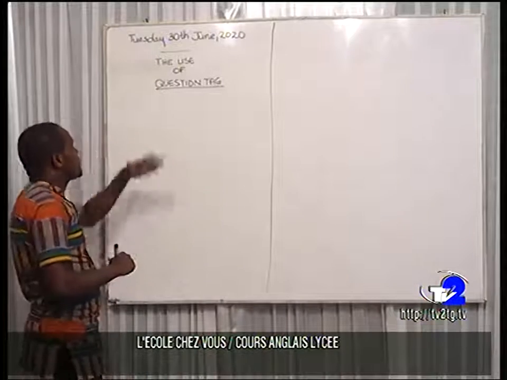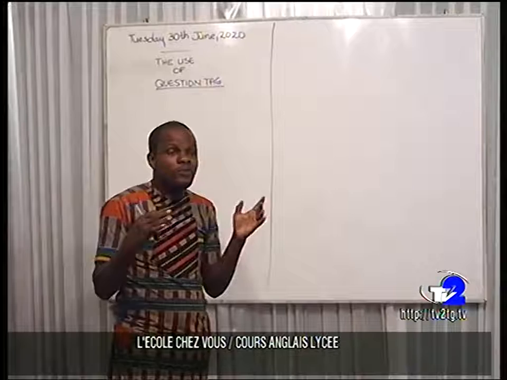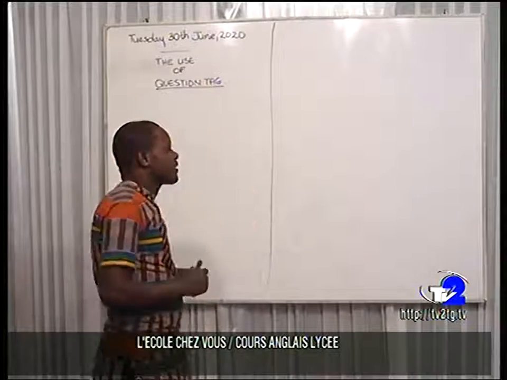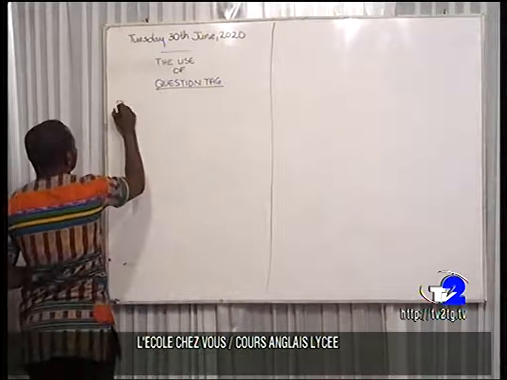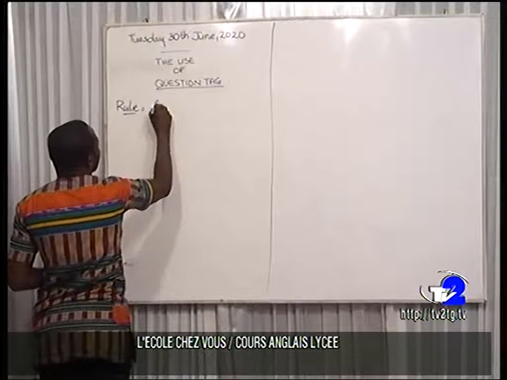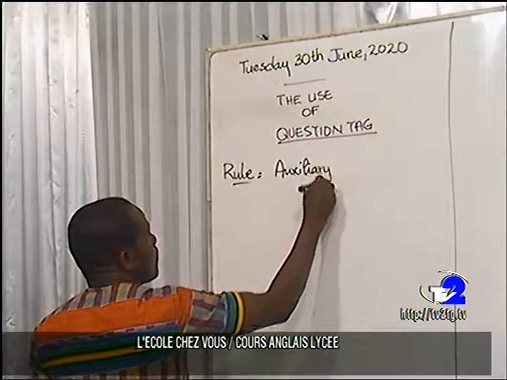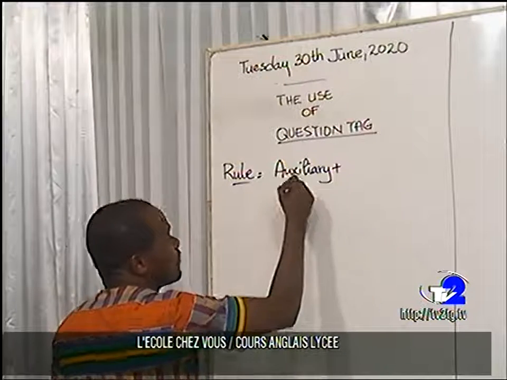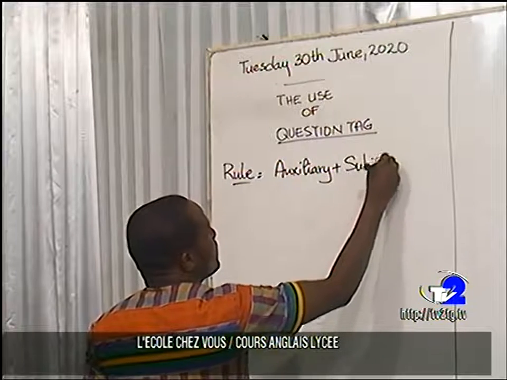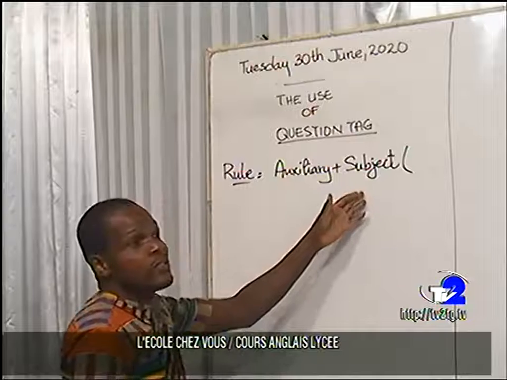Now, as we said, every grammatical structure is governed by a rule. What is the rule of the question tag? How to form the question tag? The question tag is simply formed with the auxiliary from your verb in the sentence plus the subject. When we say subject, we are not going to use the subject if it is a noun.